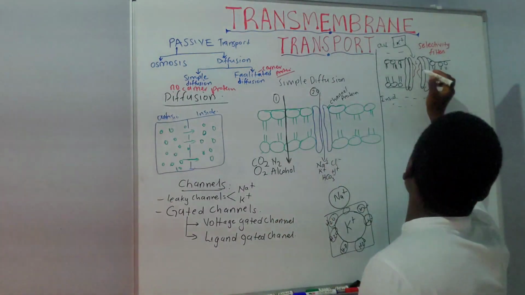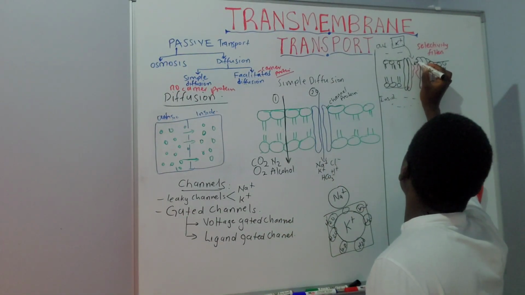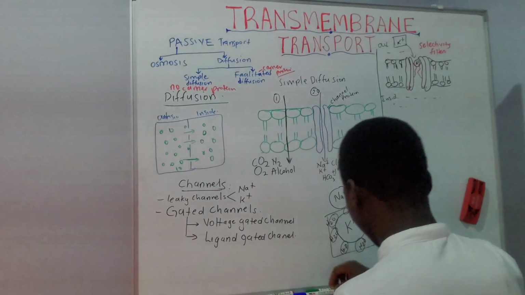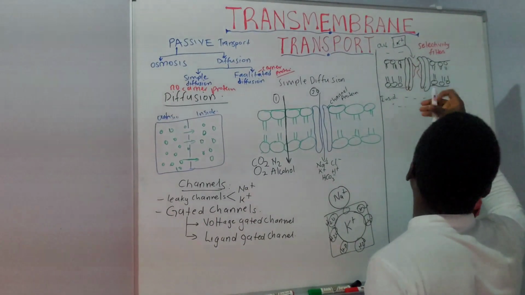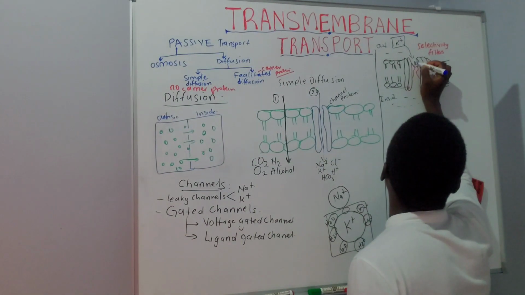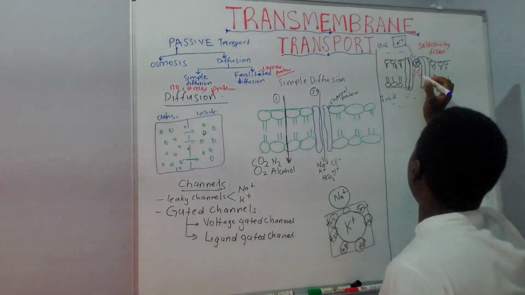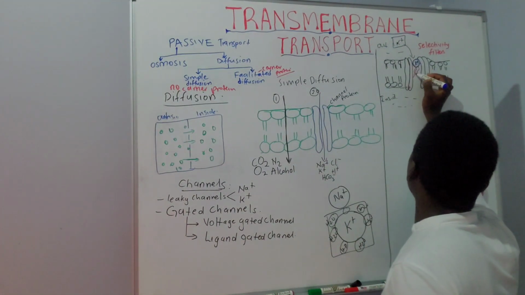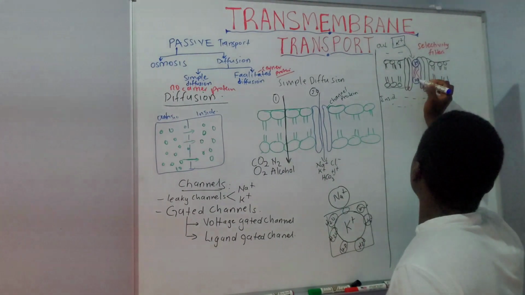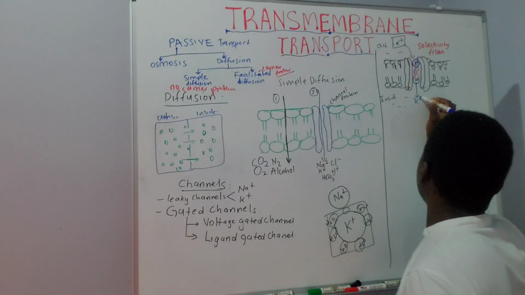So this potassium molecule that is now dehydrated is able to move through this filter to the inside of the cell.